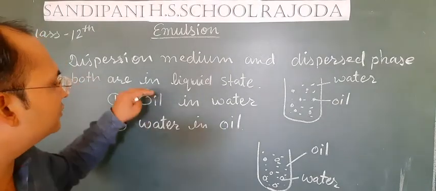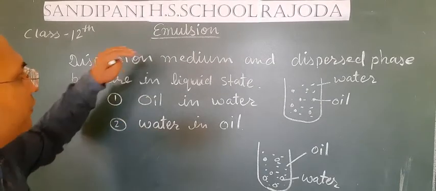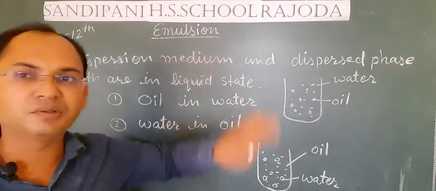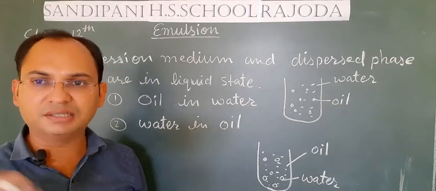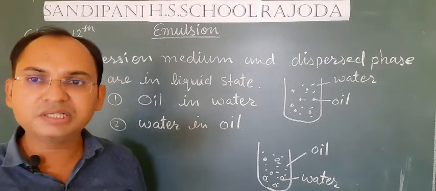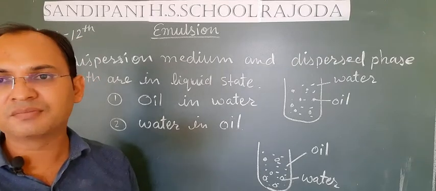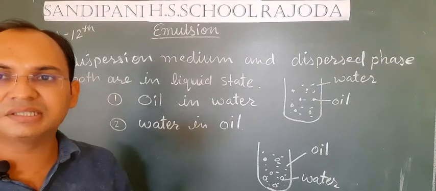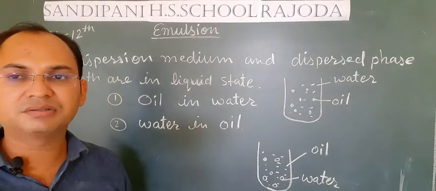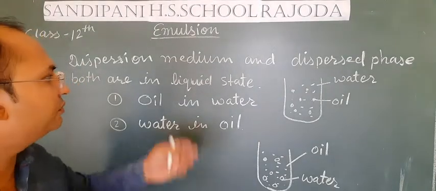So students, is it clear that emulsion is nothing but a colloidal solution in which one liquid is dissolved in another liquid, but both the liquids are immiscible. That is why the particles of one liquid get scattered in between the particles of the other liquid and form the emulsion.